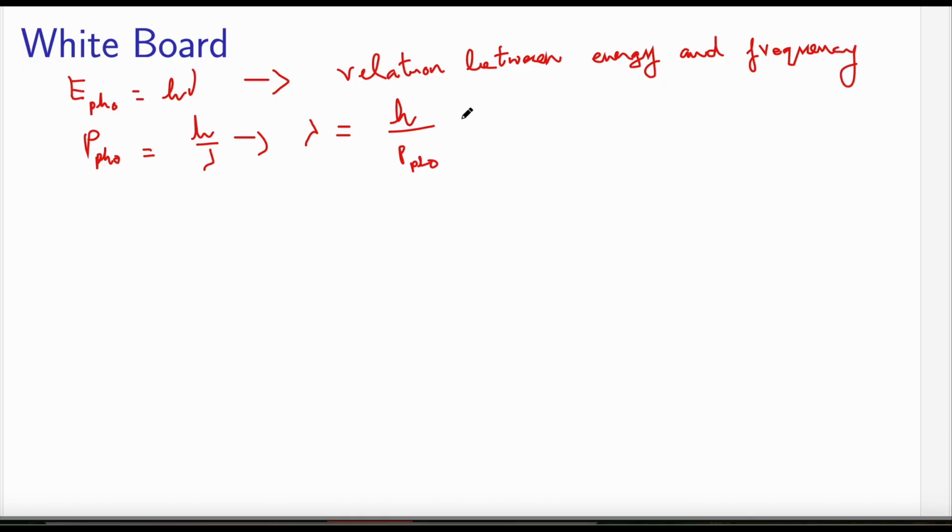And this gives the relation between the momentum of the photon and the wavelength of the wave.